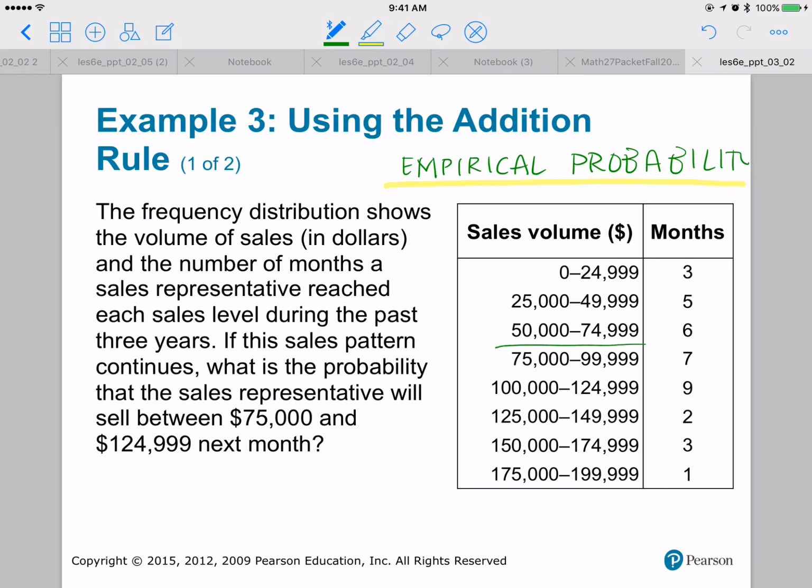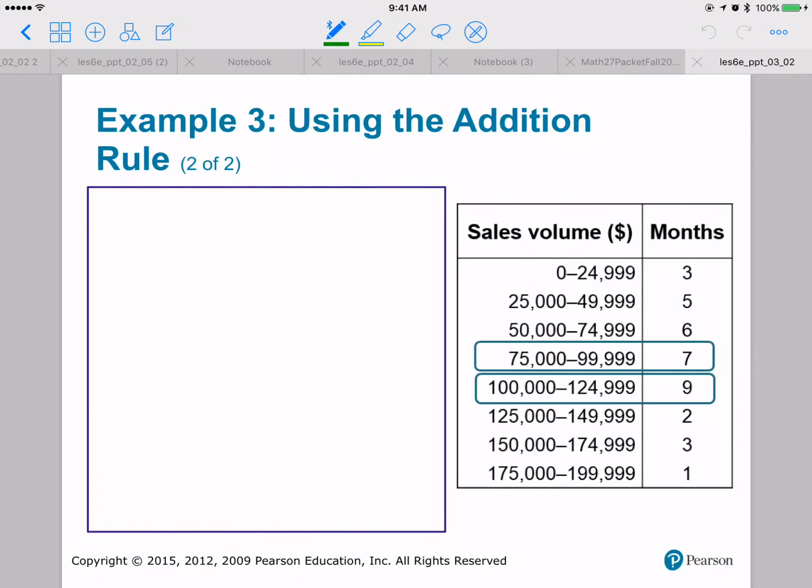So we want the probability that you're in the range 75,000 to 99,999, or you're in the range of 100,000 to 124,999. This tells us what we should let A be. So we want the probability of A or B.